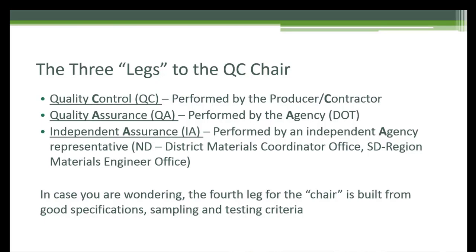I want you to think of it first, and again, it's called QC/QA, the slang term for it, but there are really three legs to it. QC, quality control, and you can see the C is in bold, is performed by the producer or contractor. So it puts the responsibility for quality control back in the producer's lap. For those of you that are relatively young, that probably makes a lot of sense.